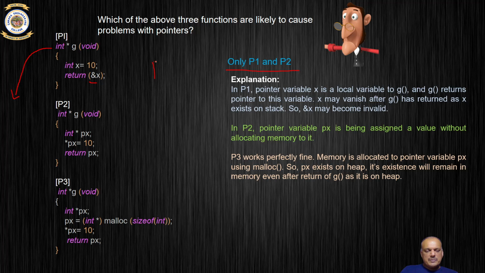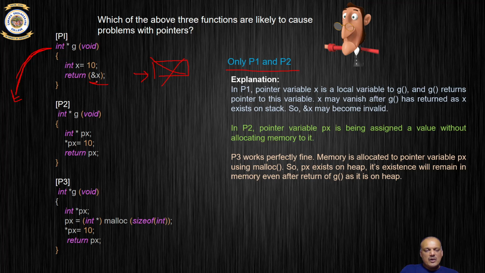if you refer back to my previous course, I had talked about the scope of a function. The moment you exit this function, this memory is deallocated and freed. So whatever address you return here doesn't exist.